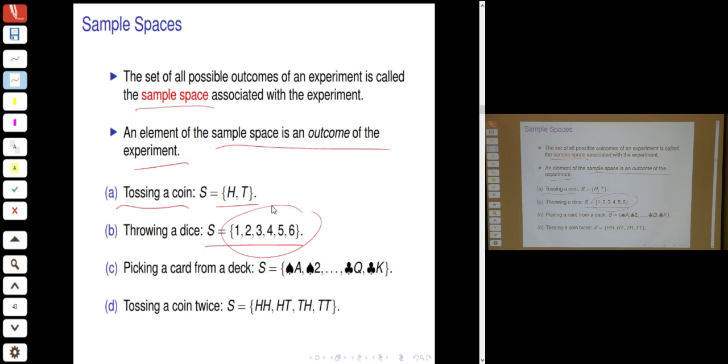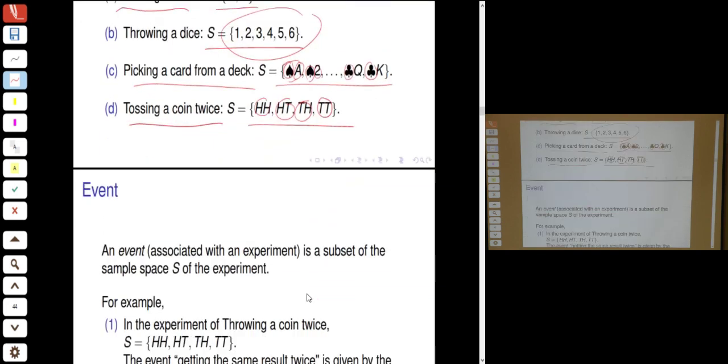Picking a card from a deck, you have the suit and the number from that suit, and the combination of the suit and the number is your sample space. Tossing a coin twice: HH, HT, TH, and TT. These are examples of sample spaces.